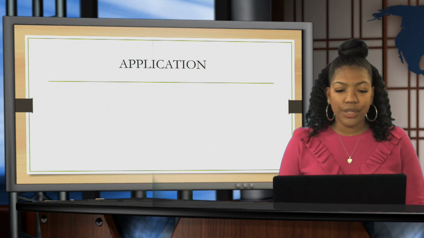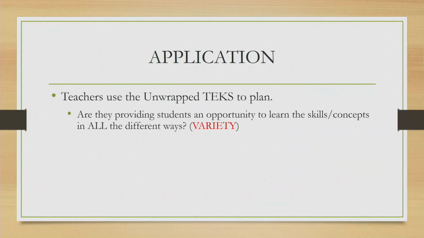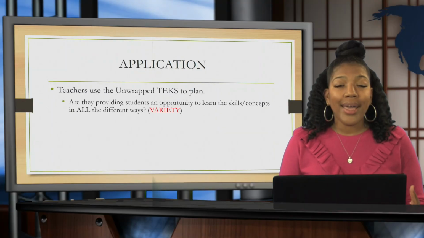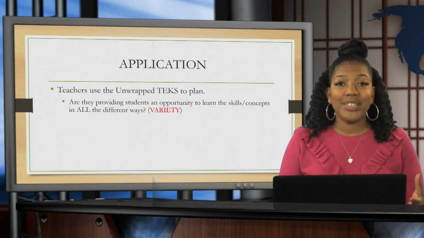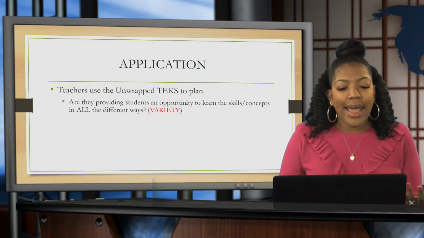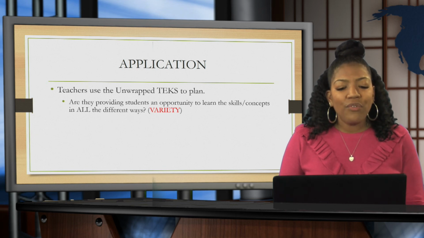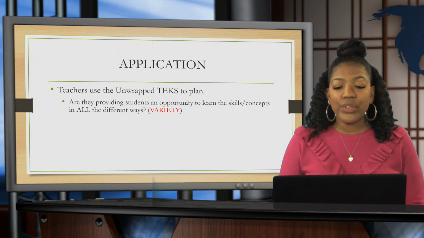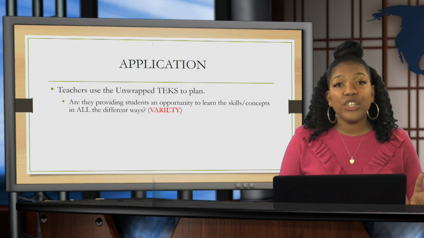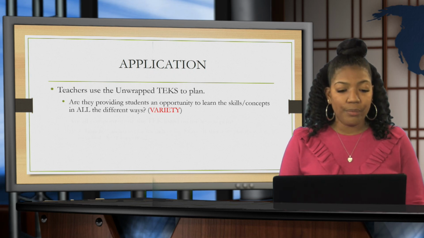So application. Some great ways that we can actually apply this is that teachers can now use these unwrapped TEKs to plan. It allows the teachers to plan for a variety of ways that they're going to be introducing their lesson. So they can ask themselves, are they providing students an opportunity to learn the skill or concept in all of the different ways that the TEK is allowing for?